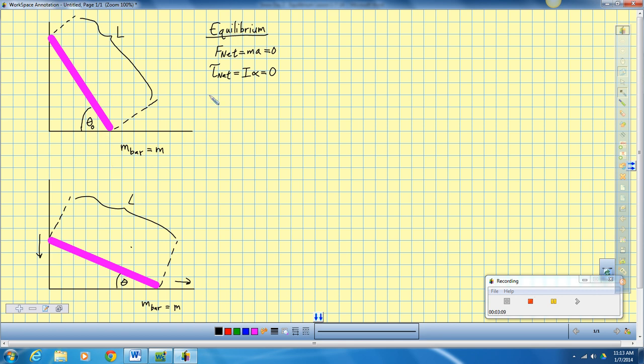So the angle theta 0 is a fixed angle. We're not letting this thing rotate in this example. Okay. Given that fixed angle, what coefficient of friction do I need? What mu do I need right here? Mu with the floor.